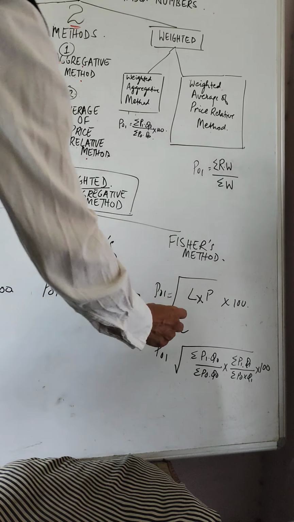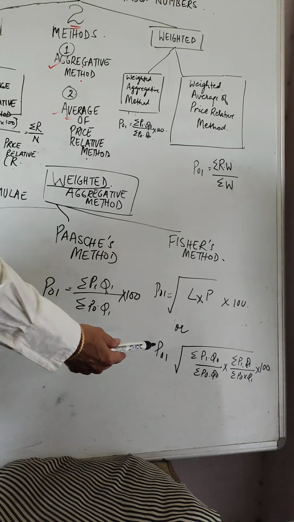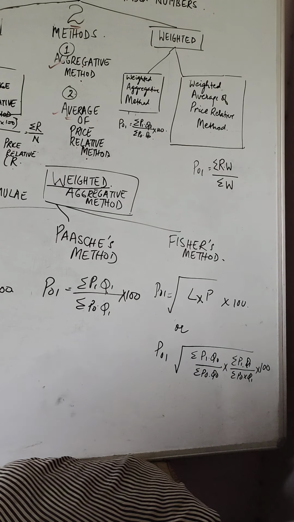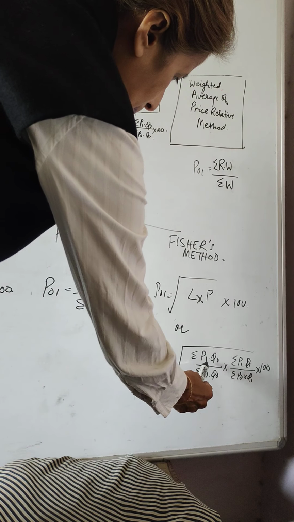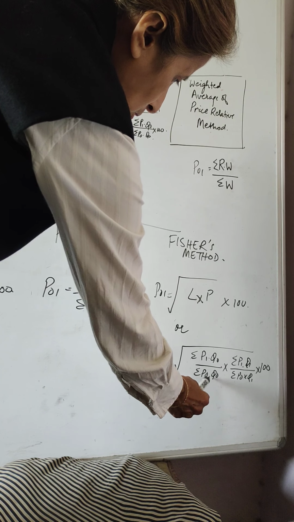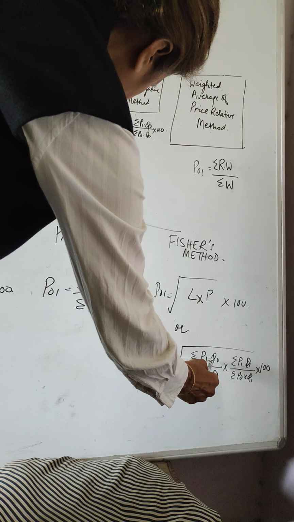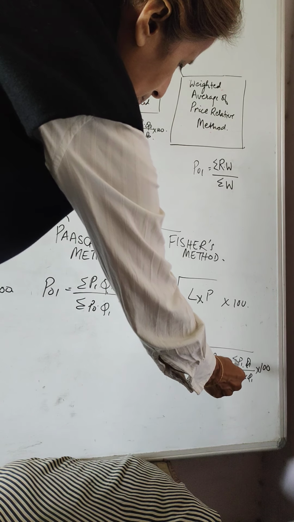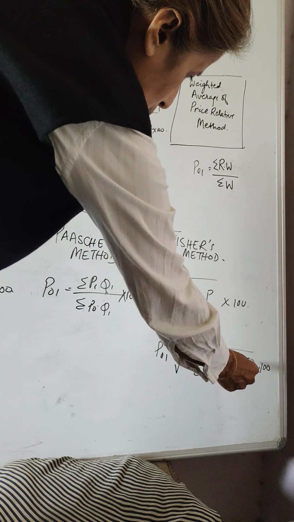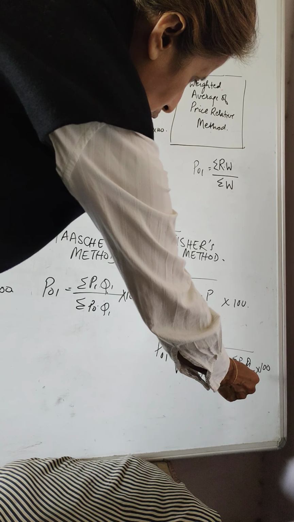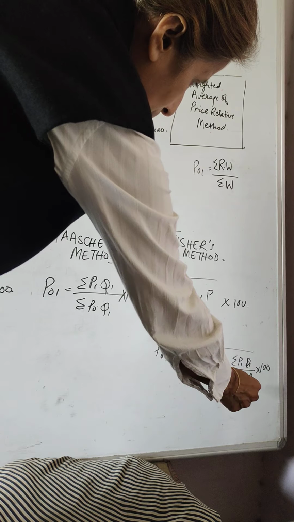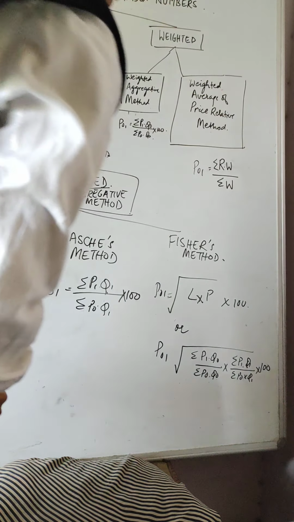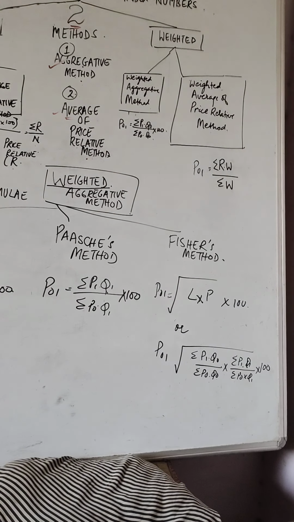To make it very clear, it is sigma P1 Q0 over sigma P0 Q0, that's Laspeyres' method, into sigma P1 Q1 over sigma P0 Q1, that is Paasche's method, under root, into 100. So I hope you understood these three formulae. It is not difficult at all.